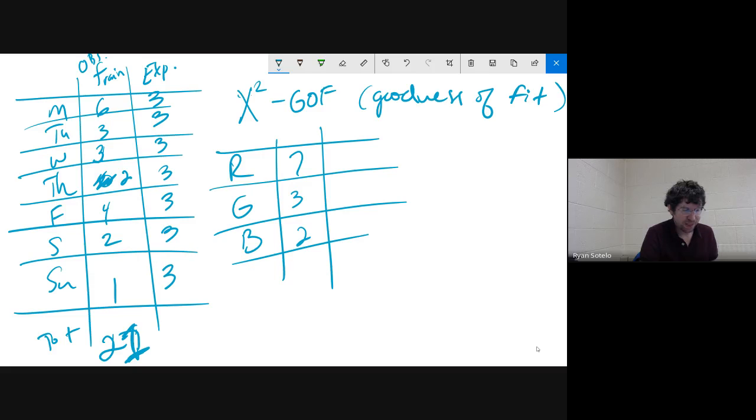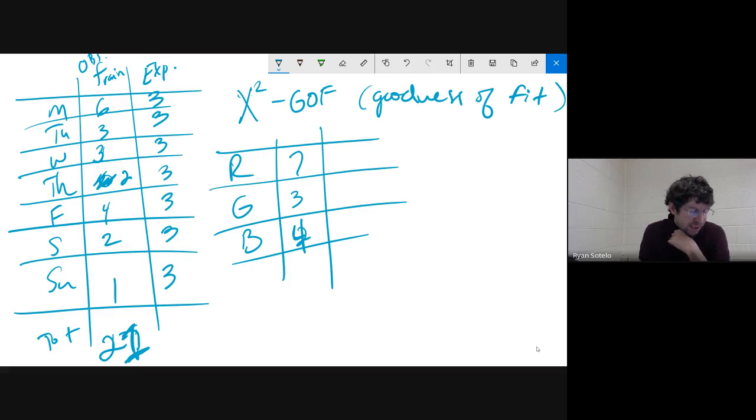Let's take it a little bit higher. We'll go to 15. So we'll do something like that. And let's say that someone claims that 50% of the candies from this company are red.